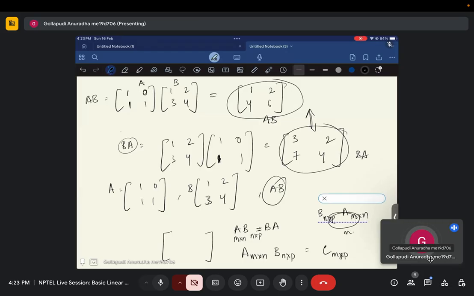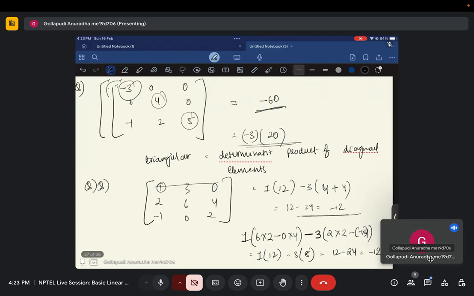If M is not the same as P, and they are not square but rectangular matrices, then the matrix multiplication itself won't be possible. So in general, considering all rectangular matrices, AB will not be equal to BA, so it's not commutative.